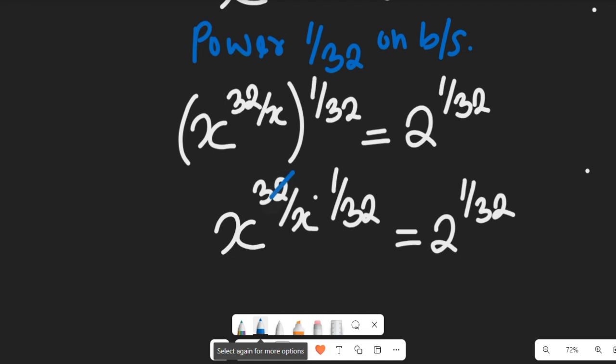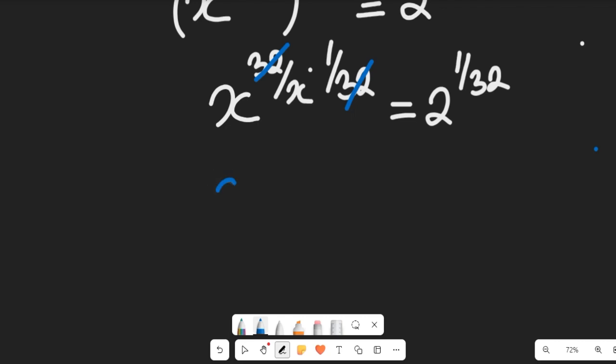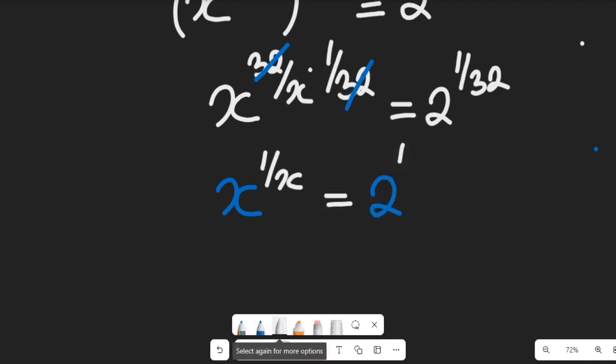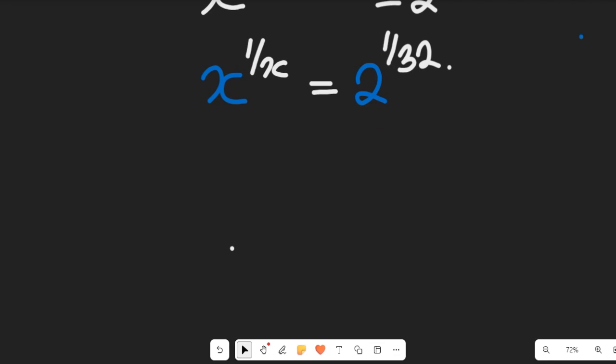From here, you see that these will cancel out, and hence the expression becomes x to the power of 1 divided by x, equal to 2 to the power of 1 divided by 32. So what do we do from here? At this point, we are going to simplify, and to simplify, I'm going to assume something over here.